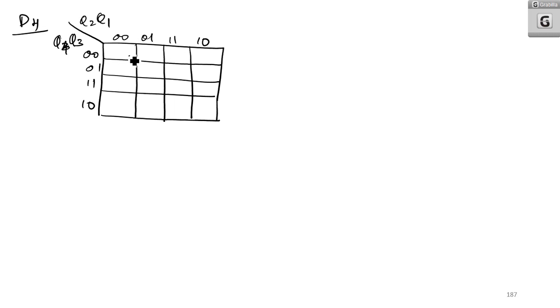So the cells are numbered 0, 1, 2, 3, 4, 5, 6, 7, 8, 9, 10, 11, 12, 13, 14, and 15.